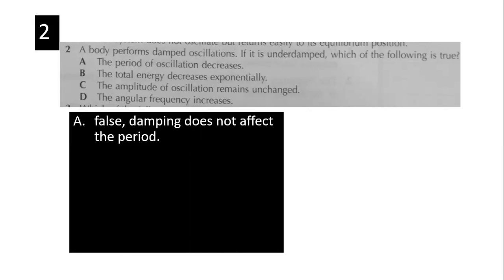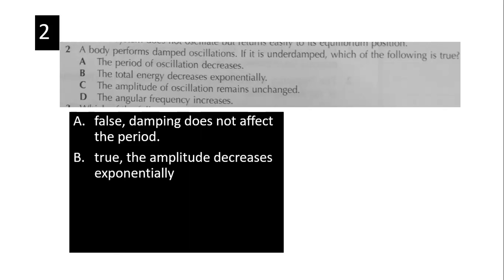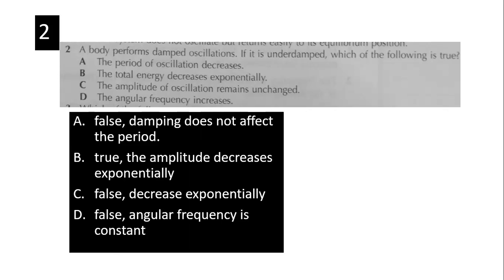False, damping does not affect the period. Total energy decreases exponentially? Yes, that's a possible answer, true. Amplitude of oscillation remains unchanged? No, this is undamped, it should be decreasing exponentially. The angular frequency increases? Angular frequency is constant, so false. Good.